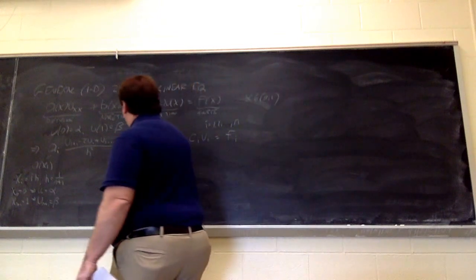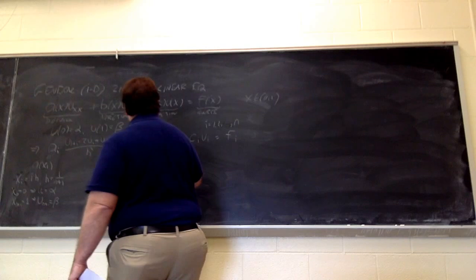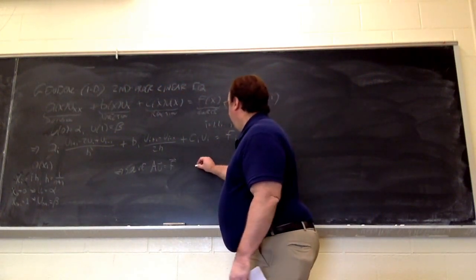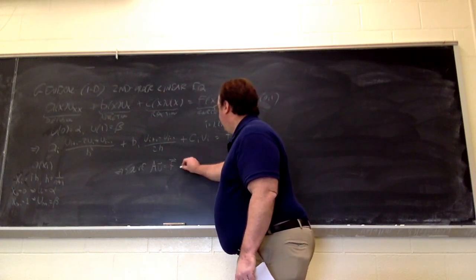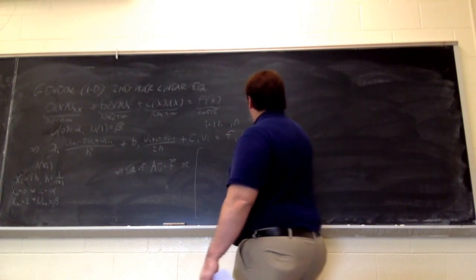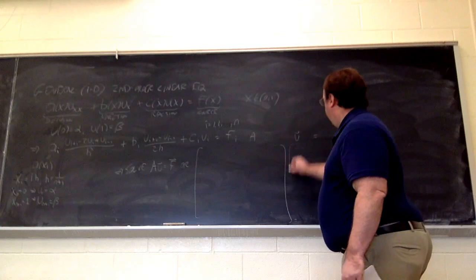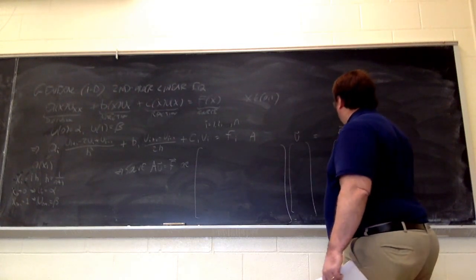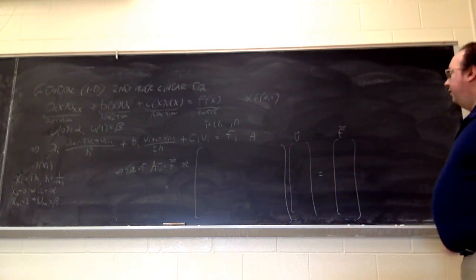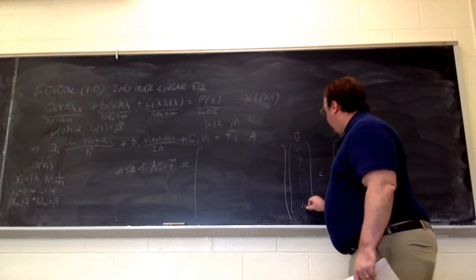So we get a system of linear equations, AU is equal to F. So now I can write down what that system is. This is A, U, F. U is just a vector of our unknowns, u1, u2, un.